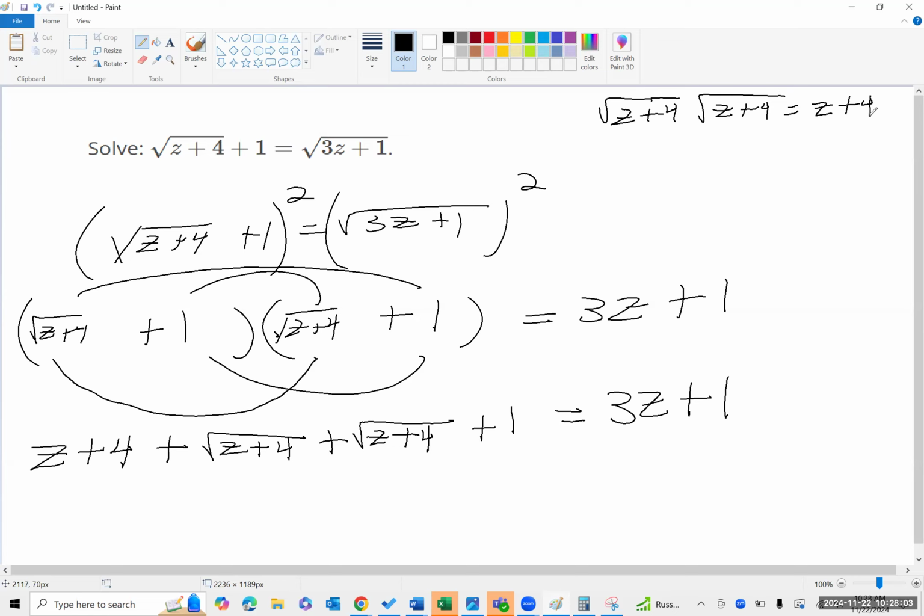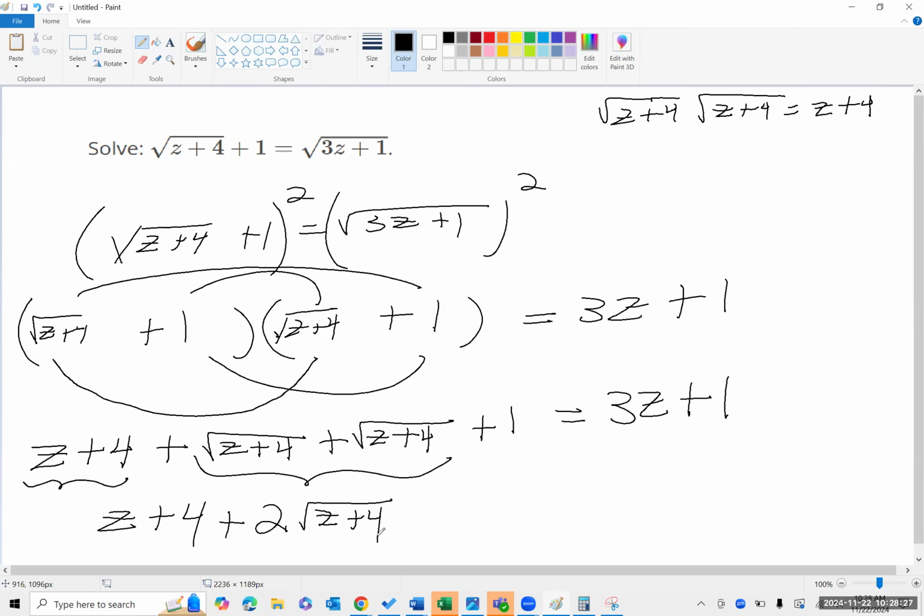So understanding that will help you know why that z plus 4 ends up there. Knowing that though, if you were able to follow that, the other thing I can do is combine these middle terms and I have 2 root z plus 4s plus 1 is equal to 3z plus 1.